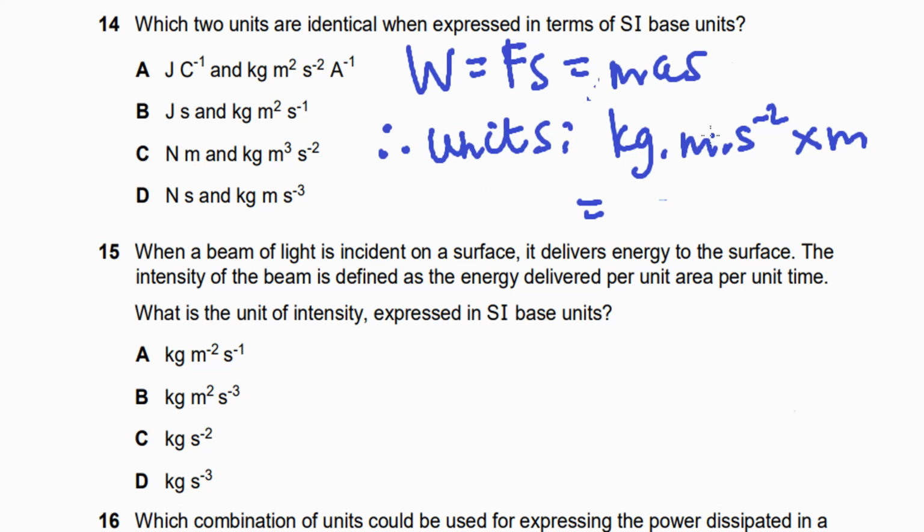And we can simplify this. So m times m is m squared. So this then will be the SI base units for energy. So this must be the equivalent of 1 joule. So this is a joule.